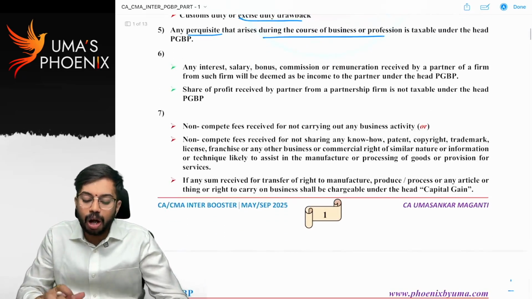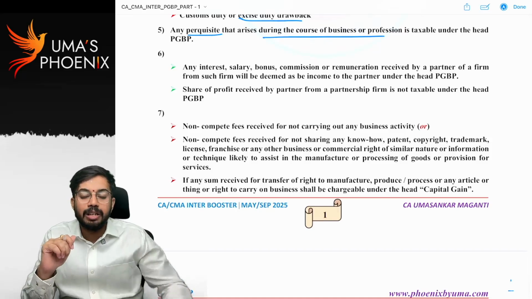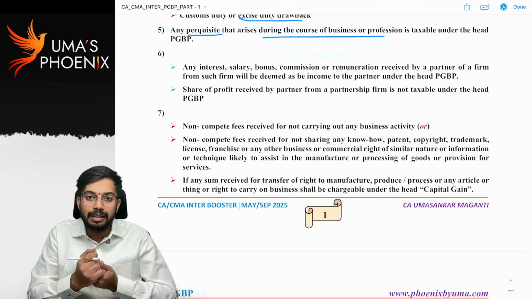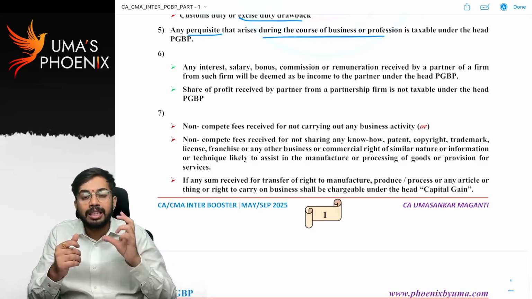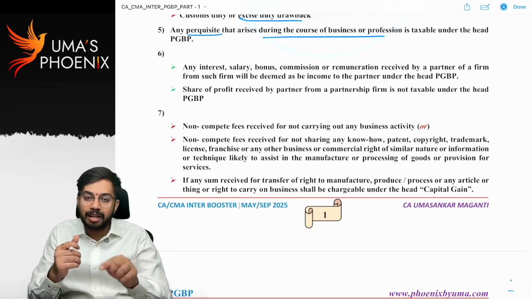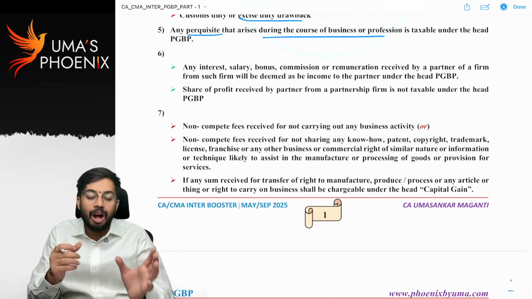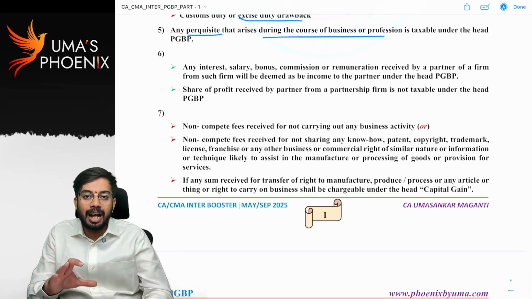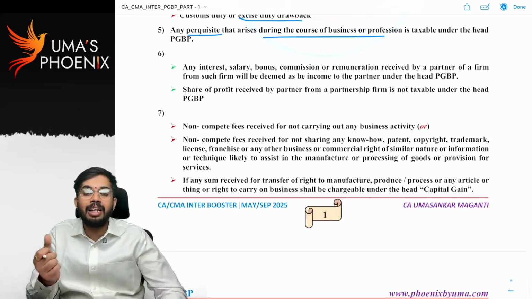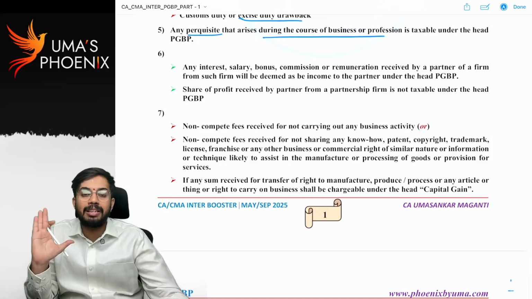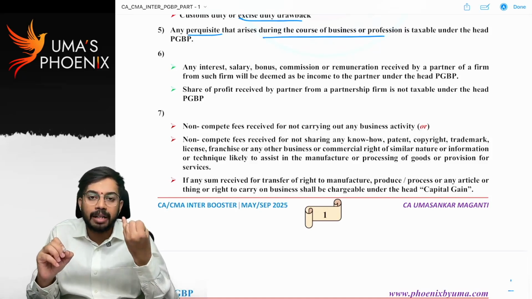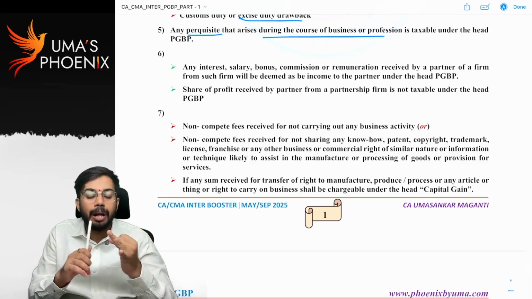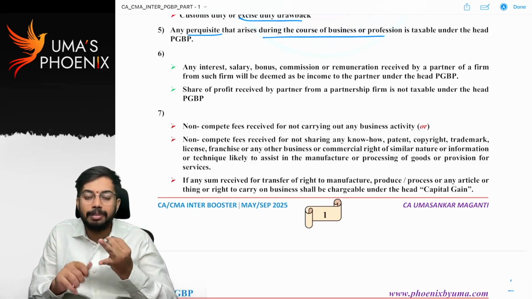Next, you all know, in case of partnership firm, what happens? Partner will receive interest on partner's capital, remuneration. So in partnership firm, interest on partner's capital is allowed as expenditure. Remuneration is allowed as expenditure subject to some conditions.